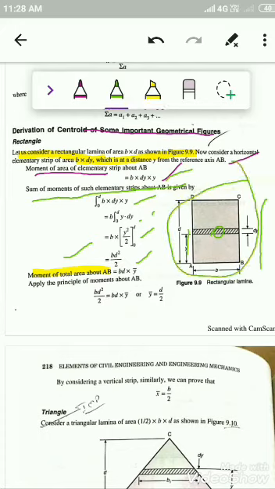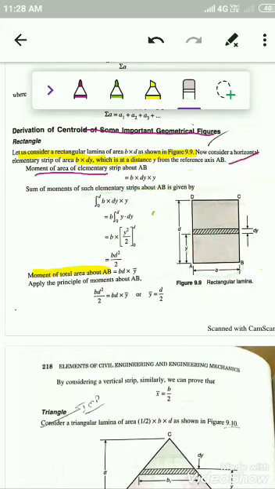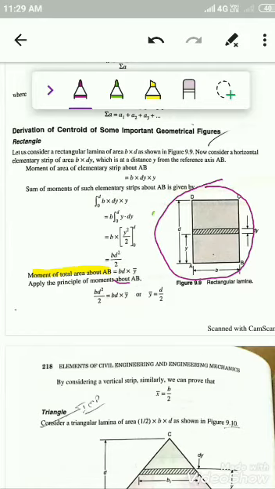The area of this rectangle is B into D. The perpendicular distance, that is the centroidal distance of the entire rectangle with respect to AB, is y bar. That is what you are going to find out here. So B D into y bar is the moment of the entire rectangle about AB.